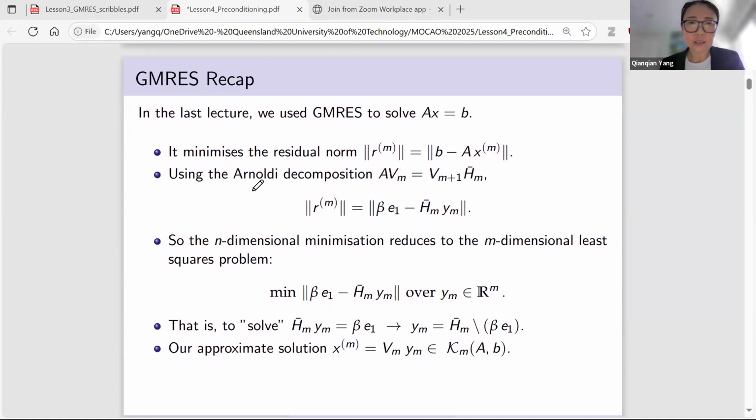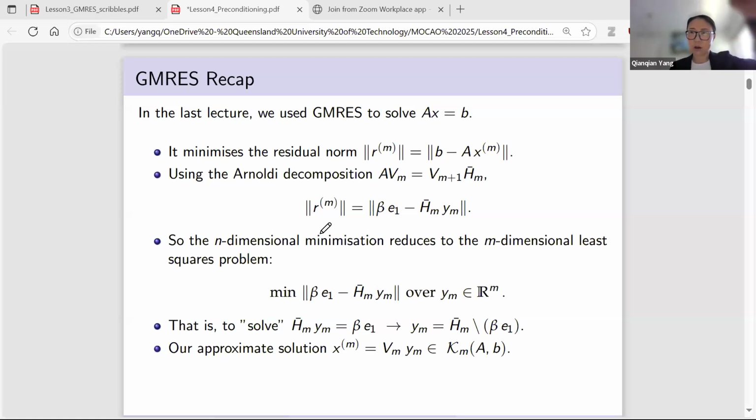So in the last lecture yesterday, we used GMRES to solve our linear system Ax = b. What it does is minimize the norm of the residual of the linear system. We use the Arnoldi decomposition, and after the decomposition you get V_m and H_m bar. Then you can compute the residual norm in this way. What we really do is reduce our n-dimensional problem.